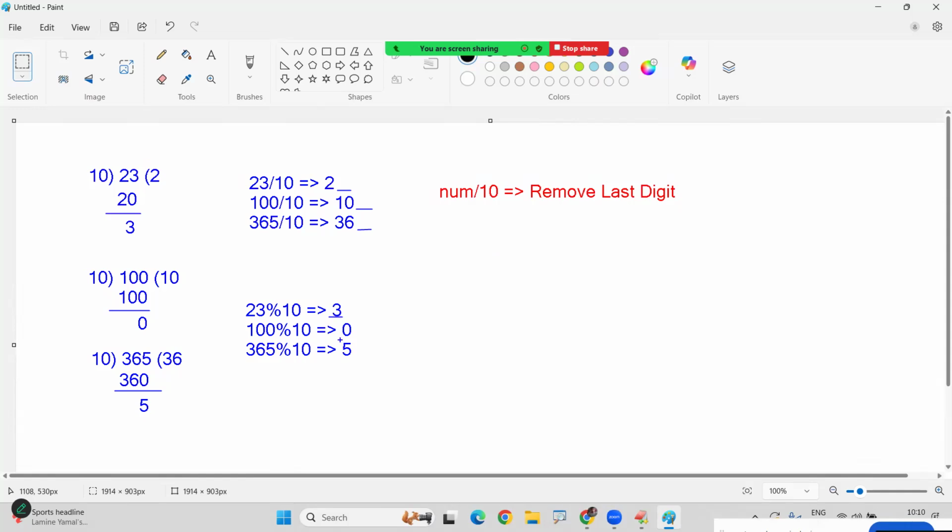Got it? In 100, the last digit is 0. In 365, the last digit is 5. It's nothing but, for any number you perform the mod operation with 10, it returns that last digit.